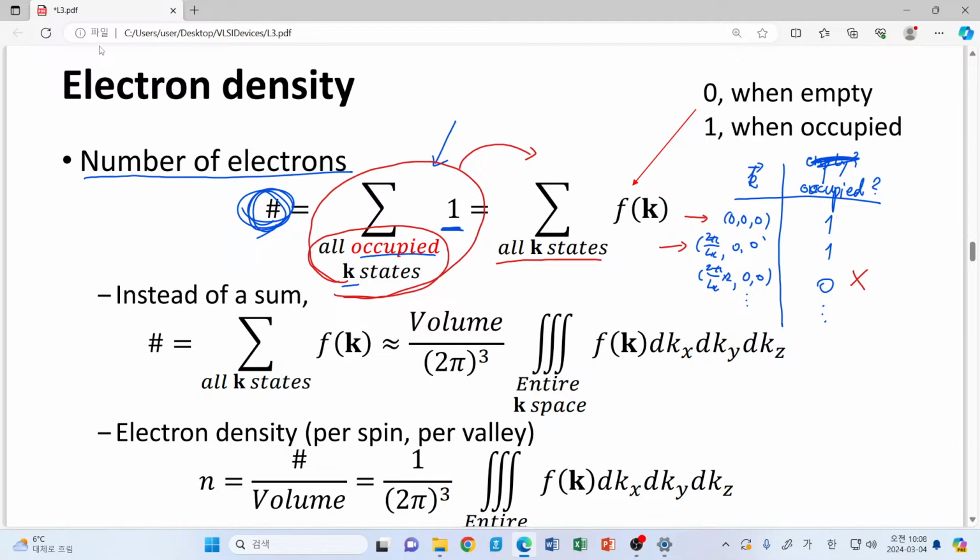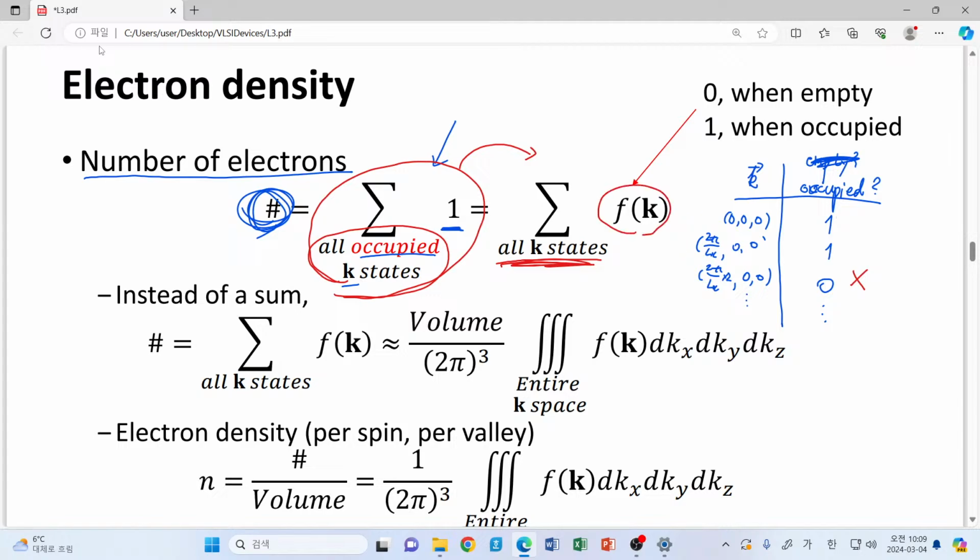Then how can we make this transition from restricted summation over occupied states to the general summation over all available K-states?